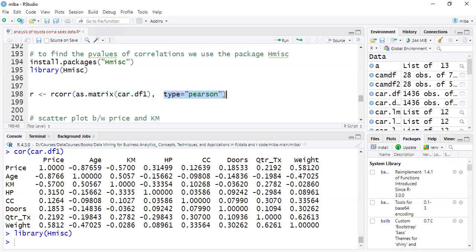And type is equal to Pearson correlation. rcorr is the command, and the result is stored in r. r is an object which will contain two matrices. One matrix is the values of correlations, and another matrix contains the values of p-values. Check the output.